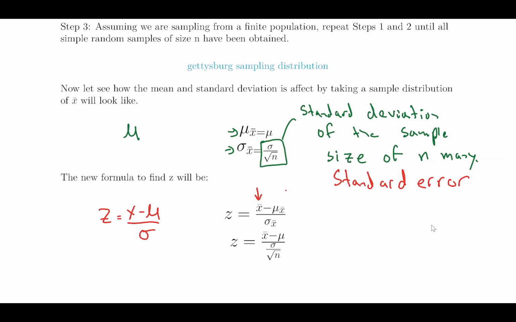Instead of mu, you put mu of x bar. And instead of sigma, you put sigma of x bar, because you want the standard deviation of the child distribution, not of the parent distribution. And then it all works out to be this over here. All right. Any questions in regard to the new formula for our z-score?